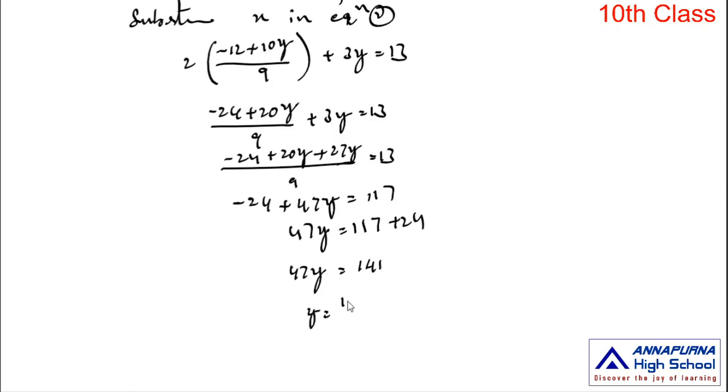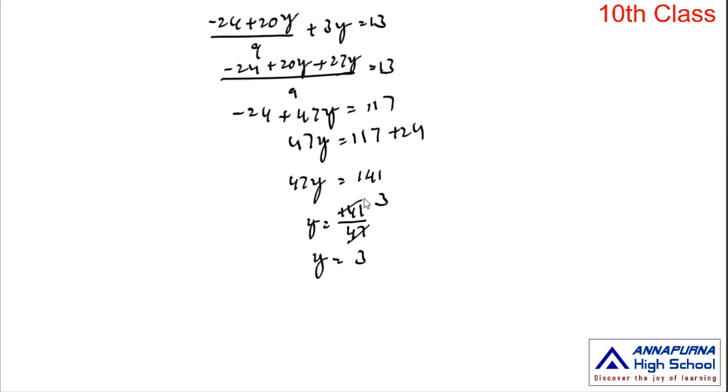And y is equal to 141 by 47. Simplify it, 47, 141, 3 times, so y is equal to 3.